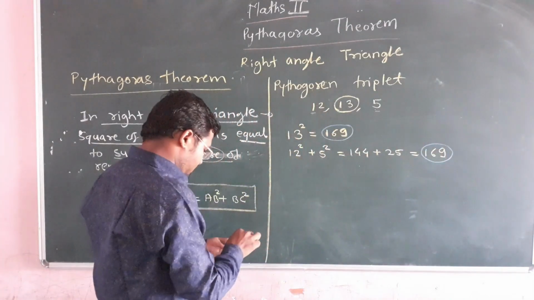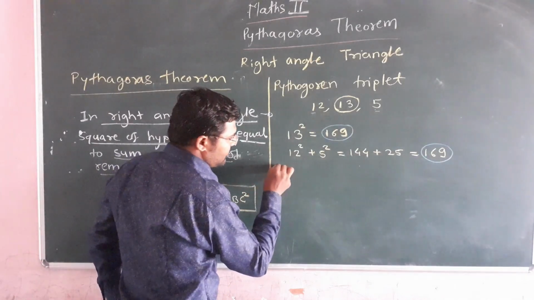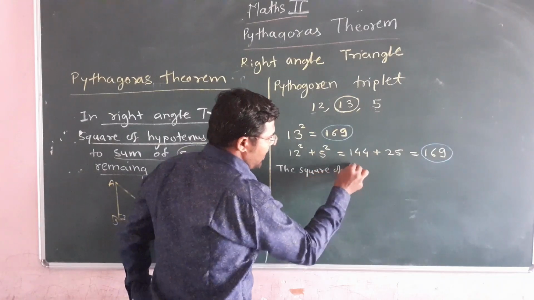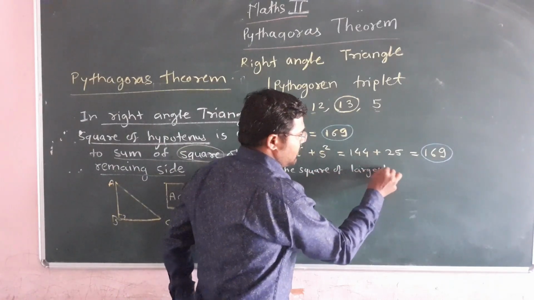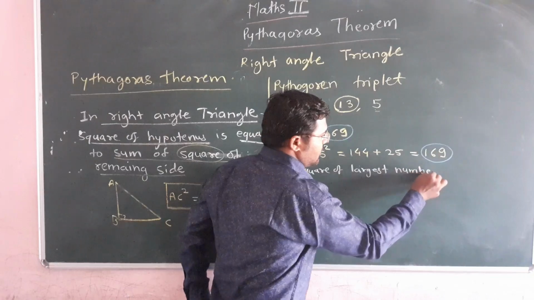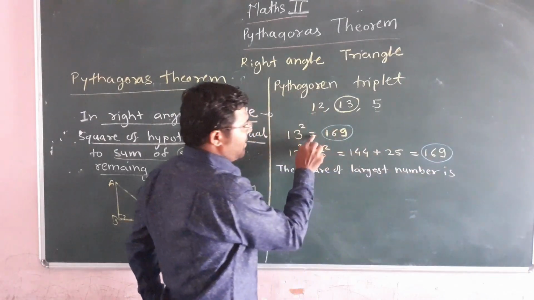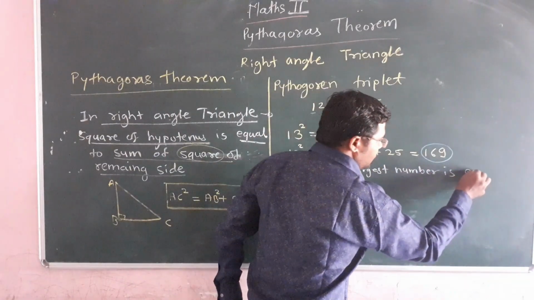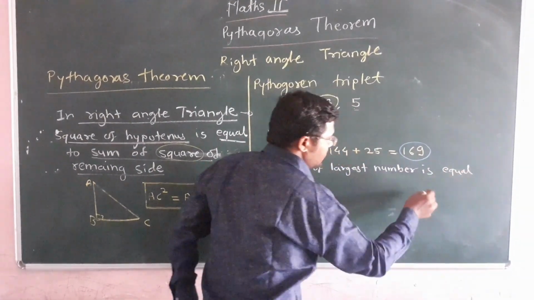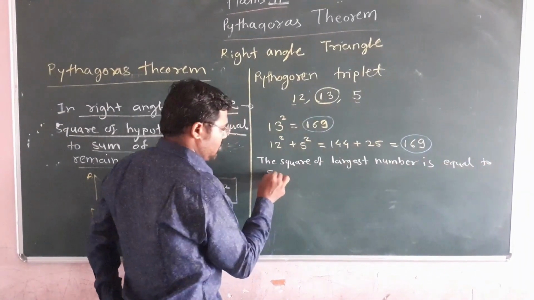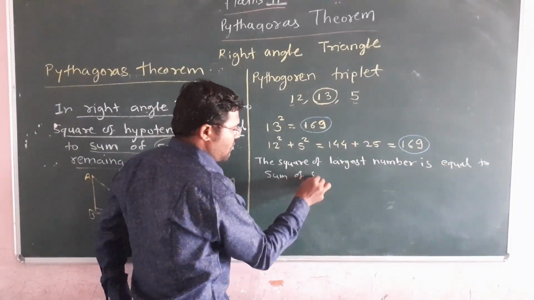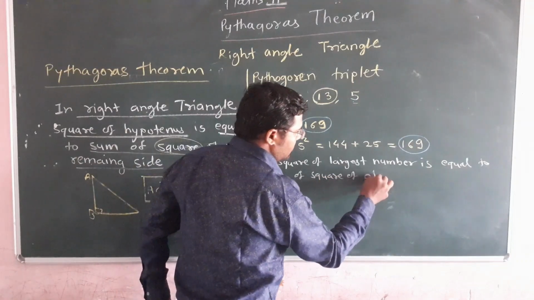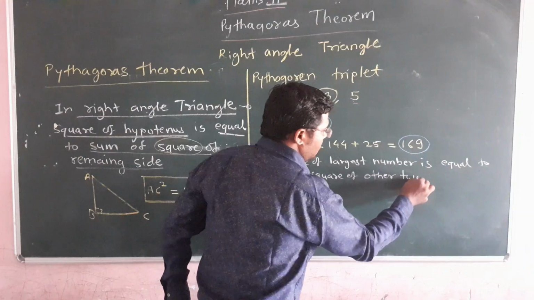That means I write here: the square of the largest number, 13 is the largest number, is equal to the sum of the squares of the other two numbers.